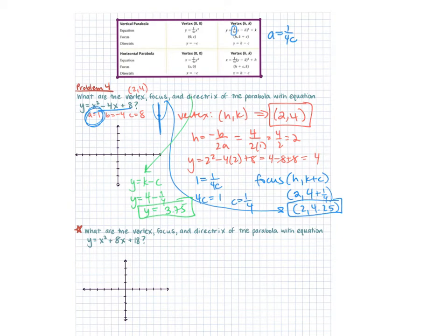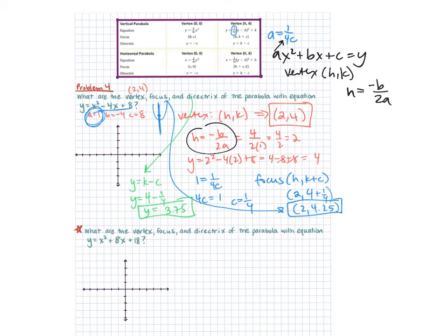Just remember that if y is ax squared plus bx plus c, then that means a equals 1 over 4c for this parabola. Your vertex is h comma k, and your h equals negative b over 2a.